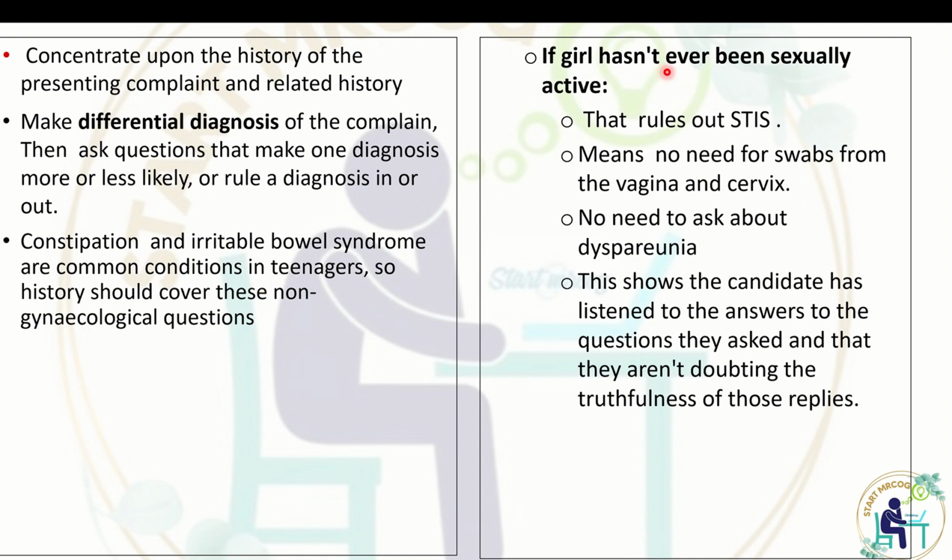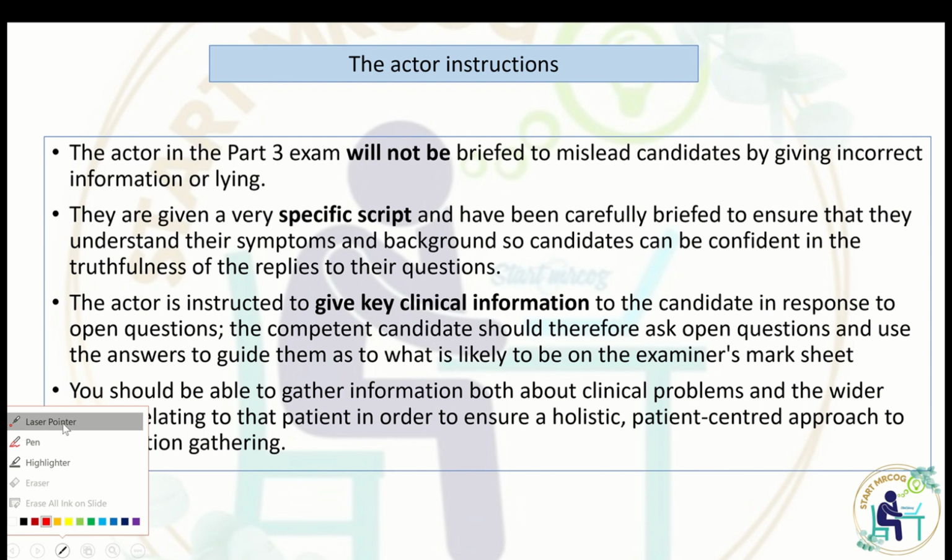If the girl hasn't been sexually active before, this will logically rule out the possibility of STIs and mean no need to take swabs from the vagina or cervix and no need to ask about dyspareunia. So this will show that the candidate has listened to the answers to the questions and that they are not doubting the truthfulness of those replies.